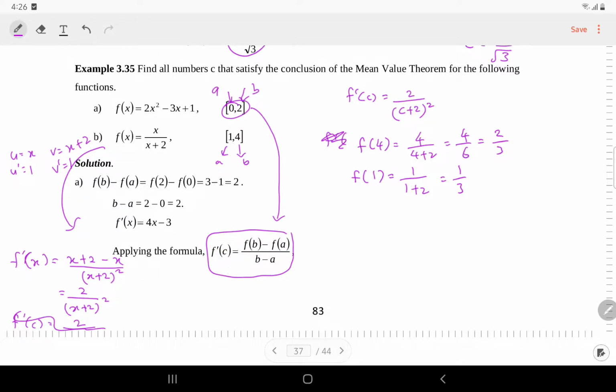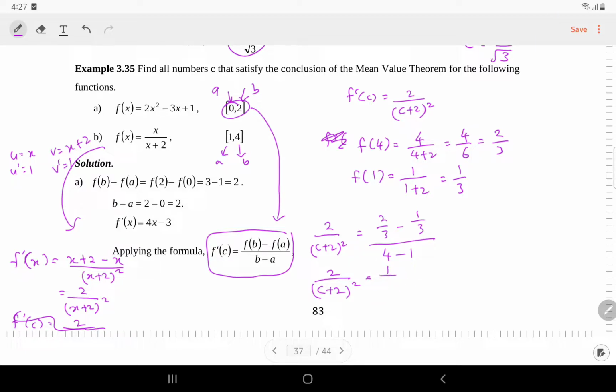So 1 over 3. So insert into this formula, f prime c equals f(b) minus f(a) divided by b minus a. So we need to compute this in the right side.